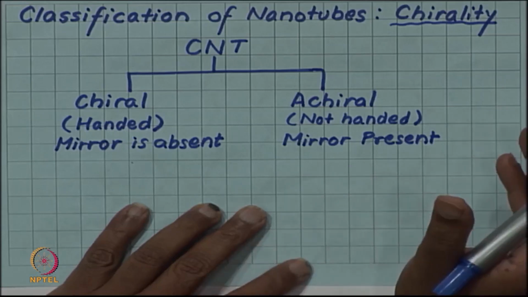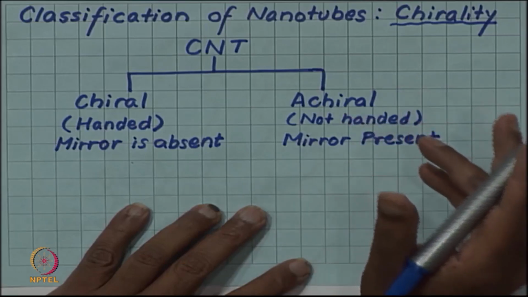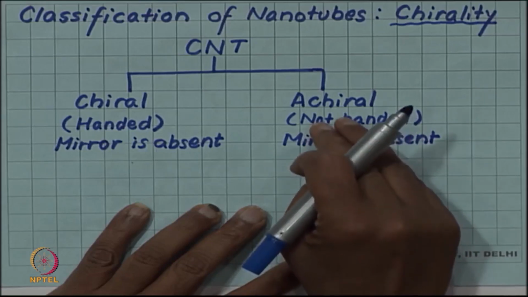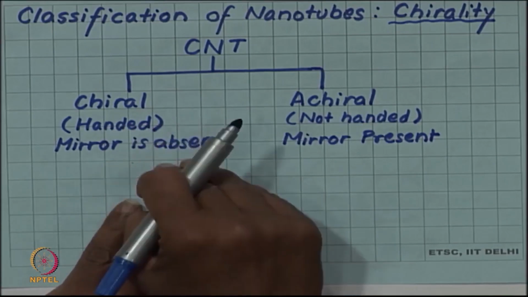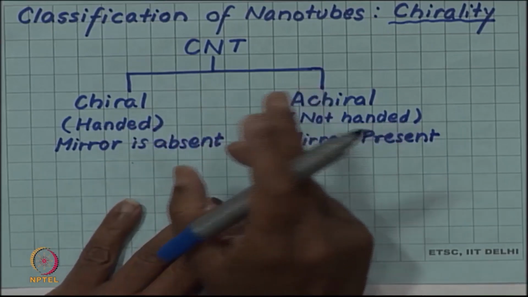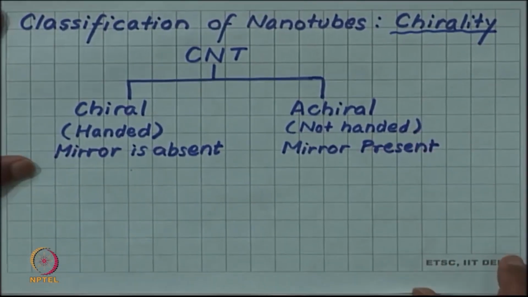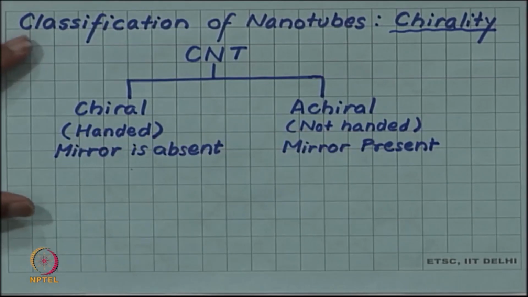A cube does not have a left handed or a right handed version, because a cube has mirrors. So, any object which has a mirror will not have left handed or right handed versions, whereas where a mirror is absent, it is possible to have both. In science and crystallography, the words chiral and achiral are used for that.